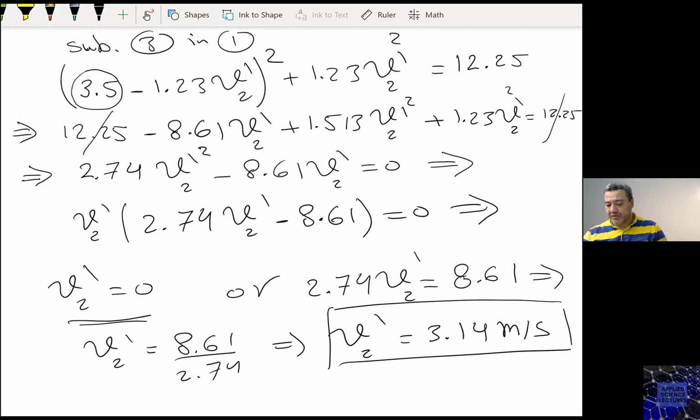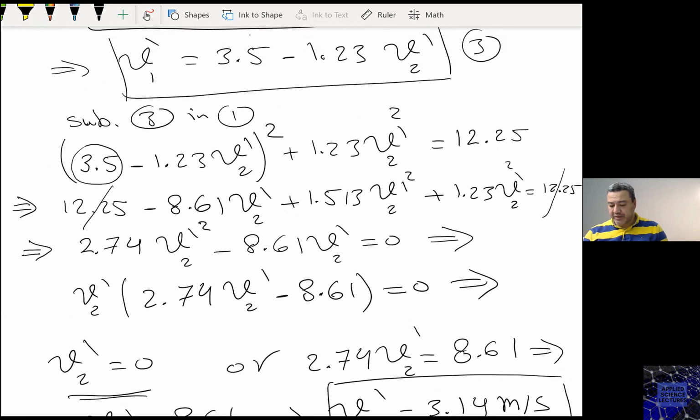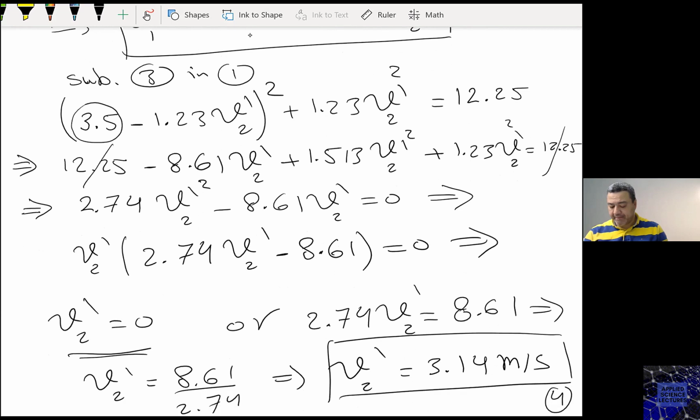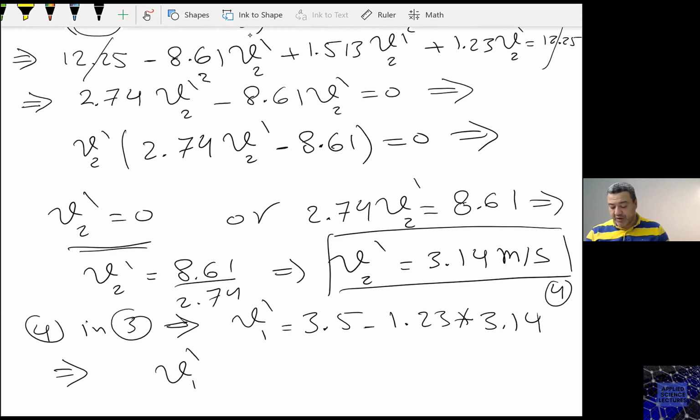Now I'm going to call this equation 4, and then equations 4 and 3 will give you V1 prime. So V1 prime equals 3.5 minus 1.23 times 3.14, and the answer is V1 prime equals minus 0.36 meters per second.